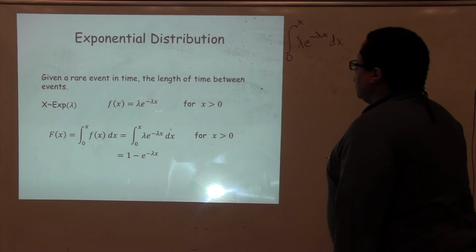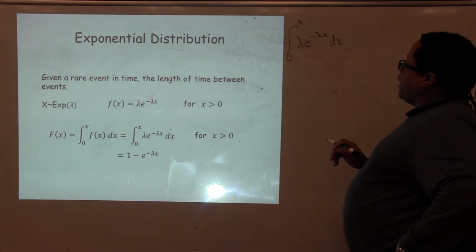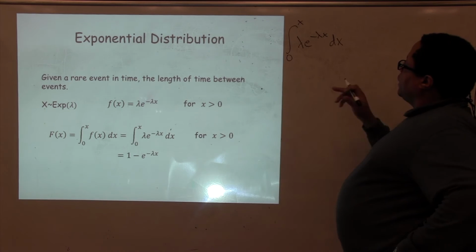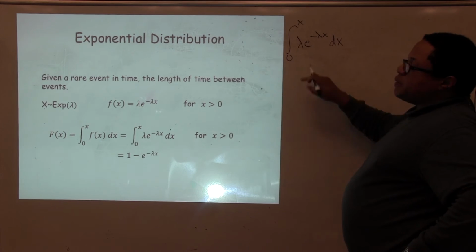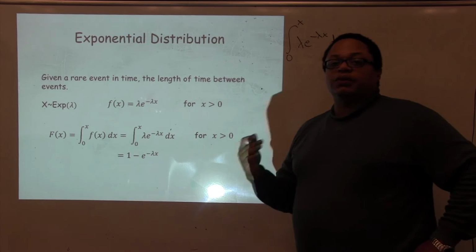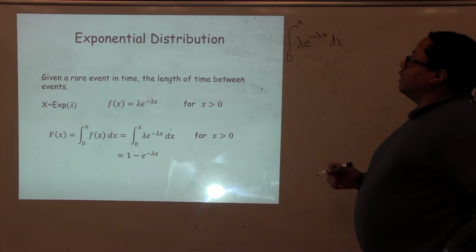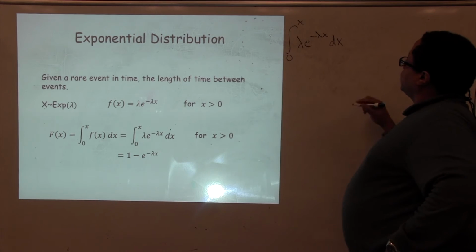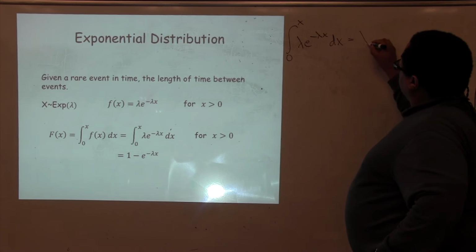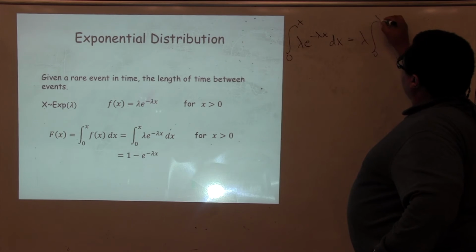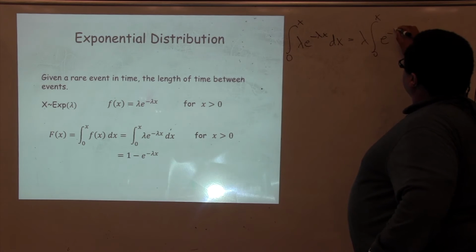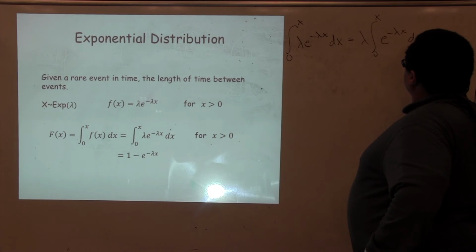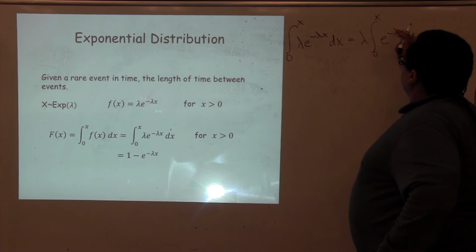We observe that this factor, lambda, does not involve x, so we can certainly treat it like a constant under this integration. So we can pull that out and write lambda times the integral from 0 to x of e to the minus lambda x dx. Now we're going to make a substitution.